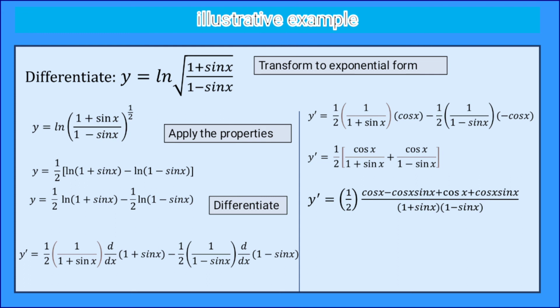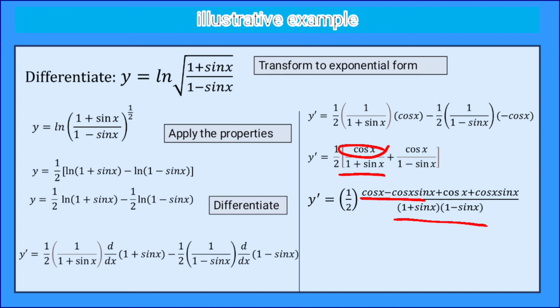So use this. 1 plus sine x times 1 minus sine x divided by 1 plus sine x is equal to 1 minus sine x. And then this 1 minus sine x multiplied by our numerator cosine x gives us cosine x minus cosine x sine x.